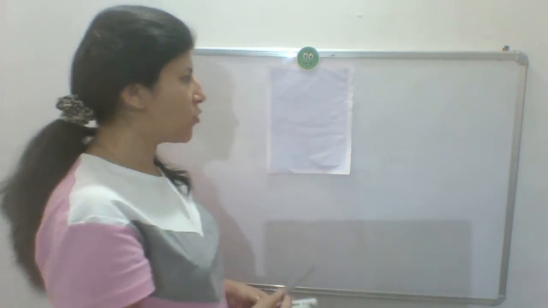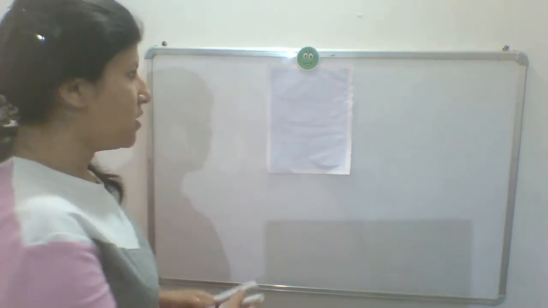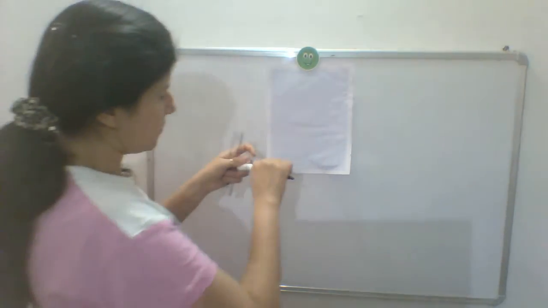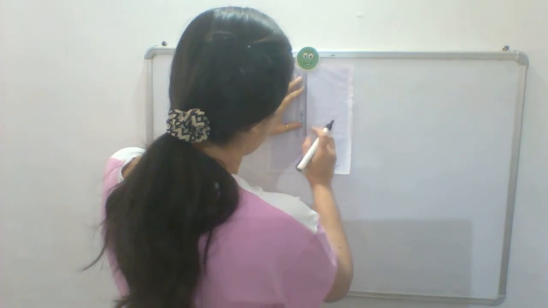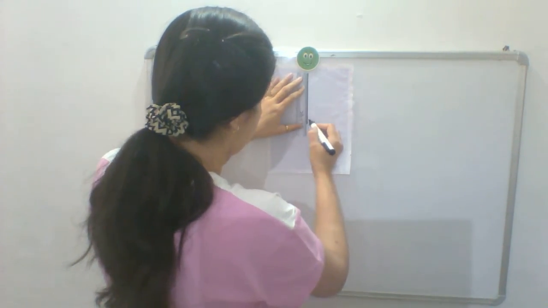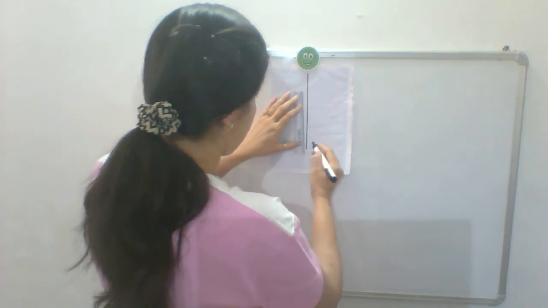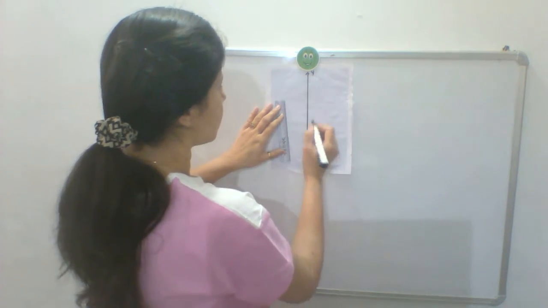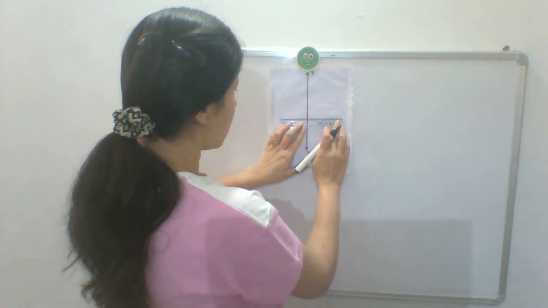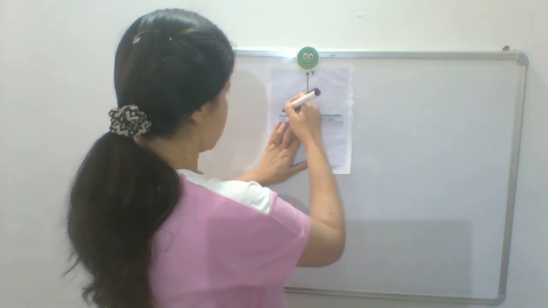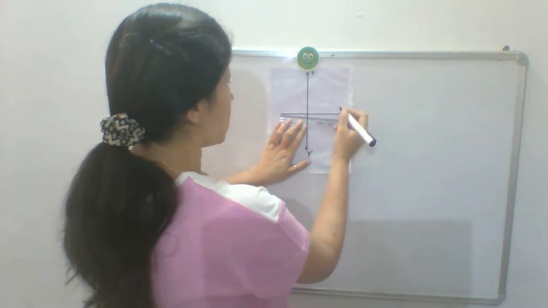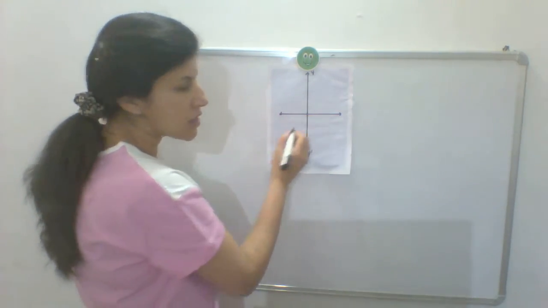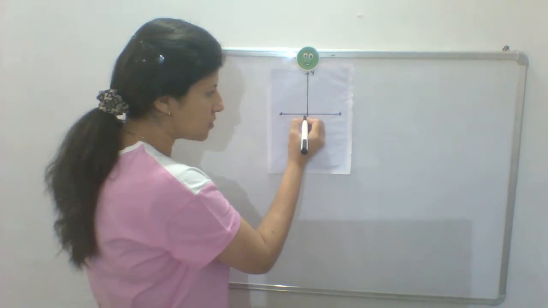Okay, let's see. Now I am going to draw these coordinate axes on this graph paper with the help of a scale. This vertical one is called y-axis, and this horizontal one is called x-axis, right? This one point, the intersecting point, is called origin.